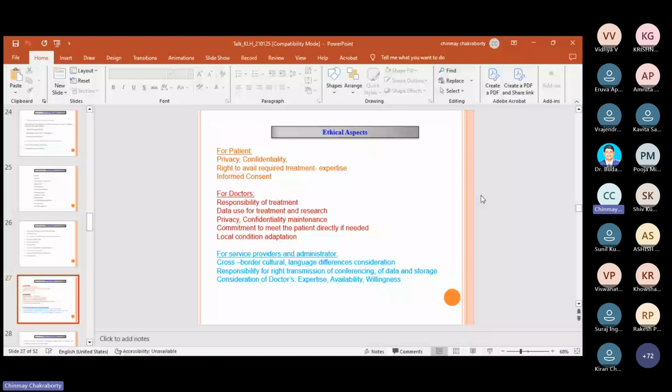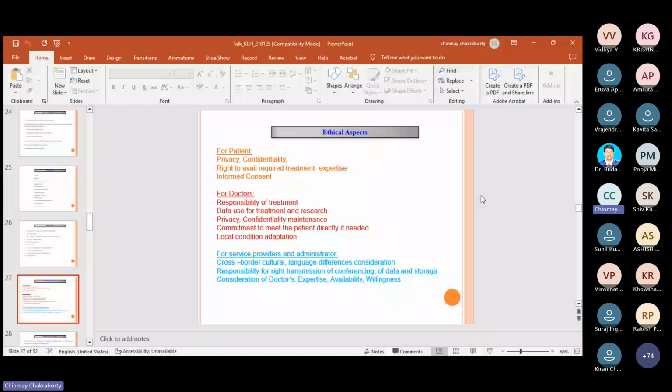This is the ethical aspect, and another one is the responsibility for right transmission, conferencing of data and storage, and consideration of the doctor's expertise, availability and willingness. Suppose you want to visit CMC Vellore, and one particular doctor is XY, but at that time he is not willing to take the call.